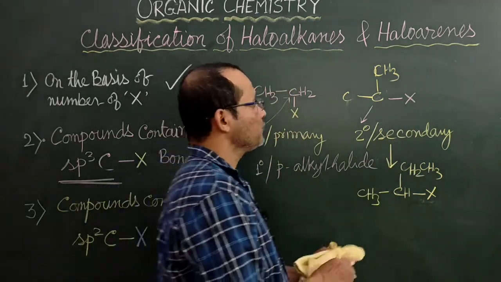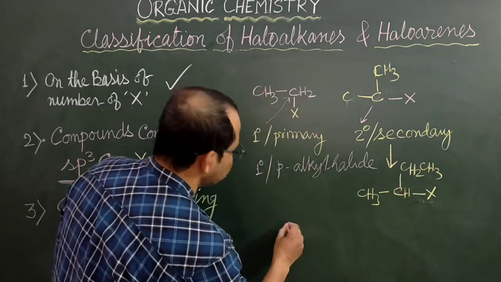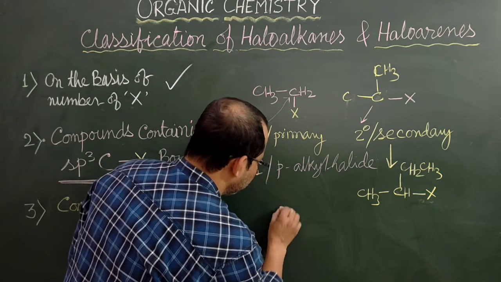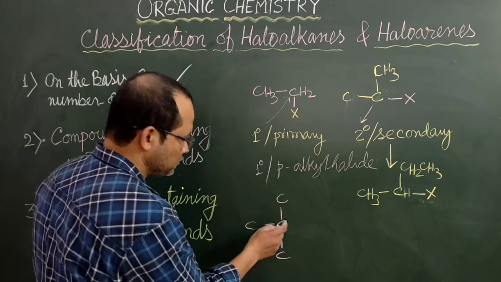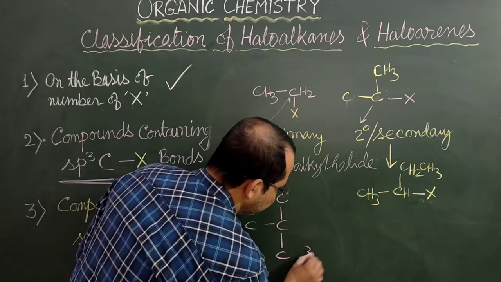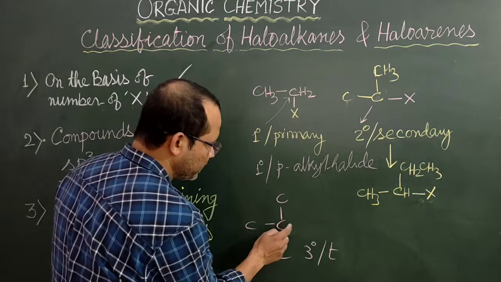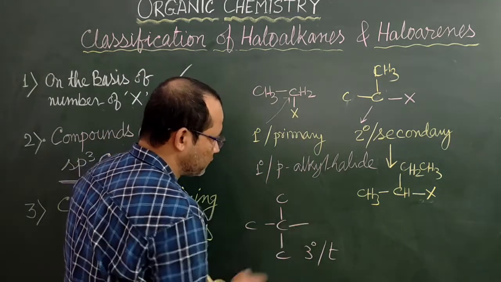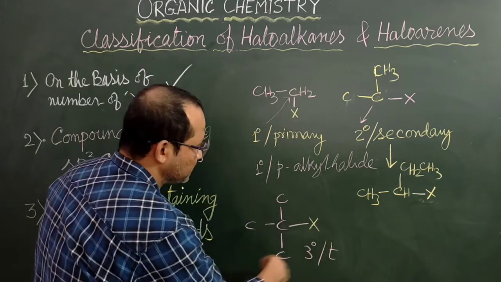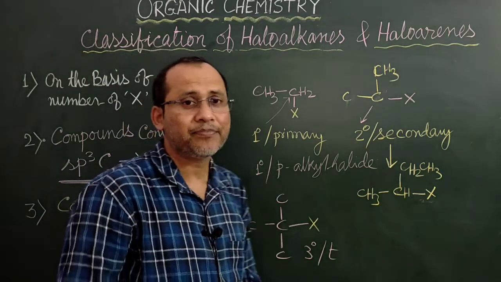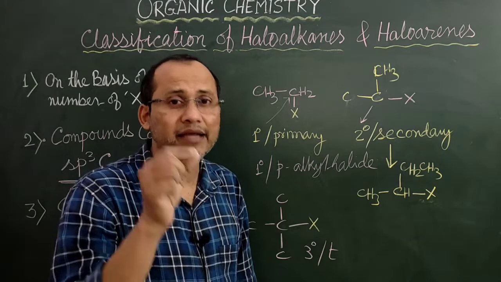Now similarly, we may have 3 degree also, and this will be like this: a carbon atom directly linked to 3 other carbon atoms. So this carbon is termed as 3 degree or tertiary, and if a tertiary or 3 degree carbon atom contains one halogen, then this type of substance or product will be termed as a tertiary or 3 degree alkyl halide.